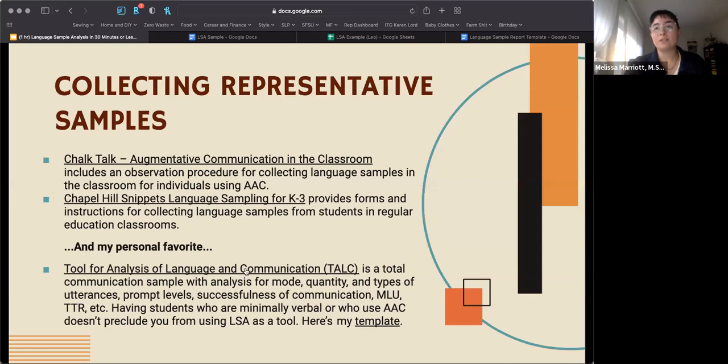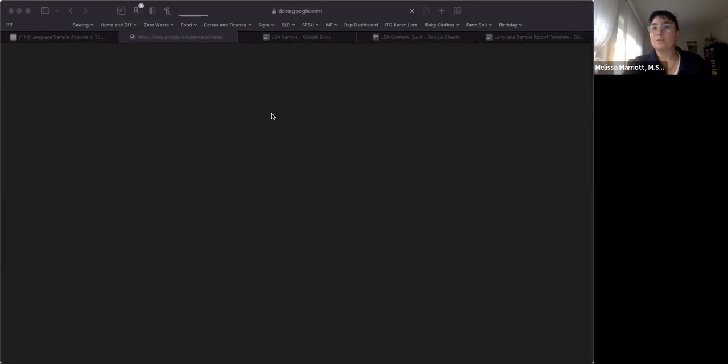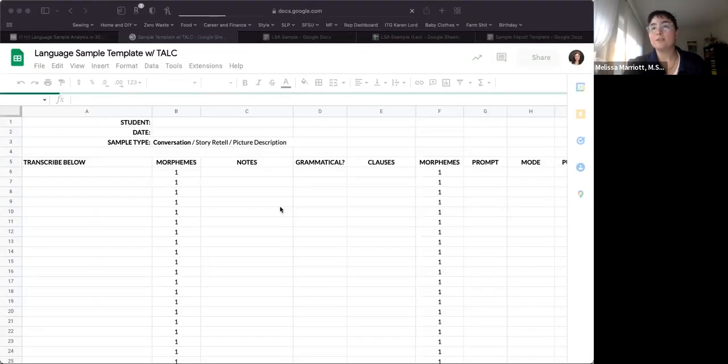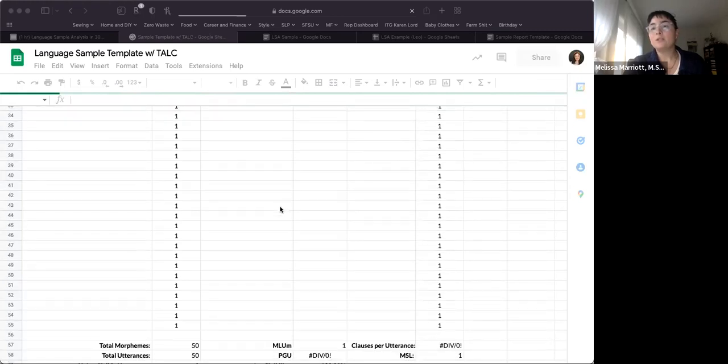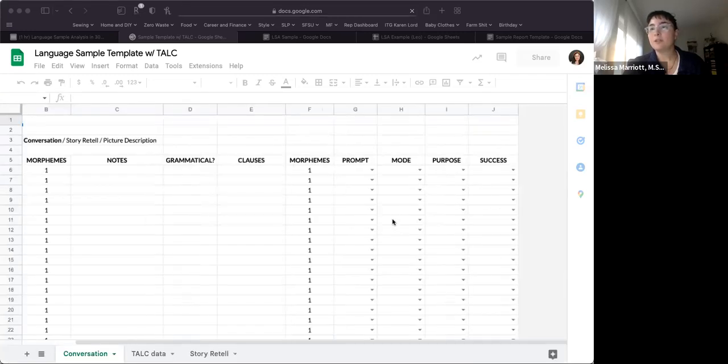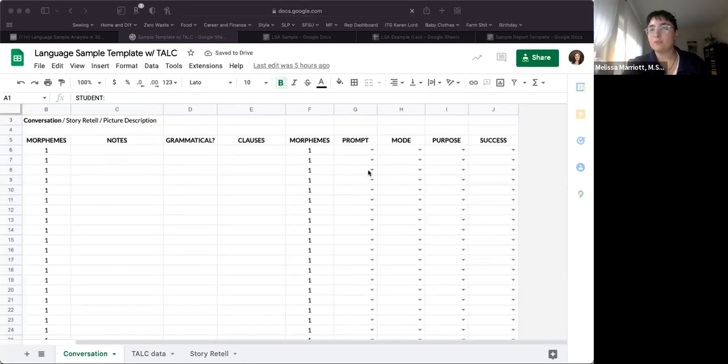And then my favorite one is the TALC, the Tool for Analysis of Language and Communication, which maybe you are already familiar with. I know Michelle has also started using it. And then I have included a language sample template for that one also, including all of the same analyses that are my standard analyses, but then over on the side, having drop-down menus for the TALC information as well.